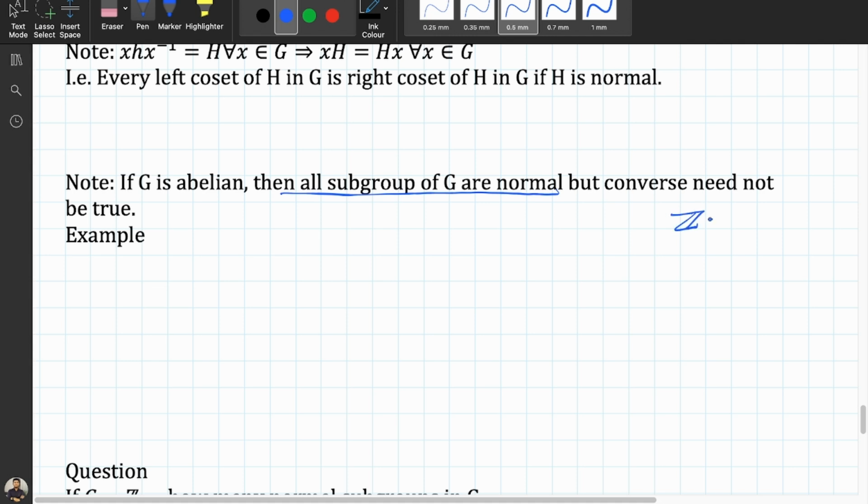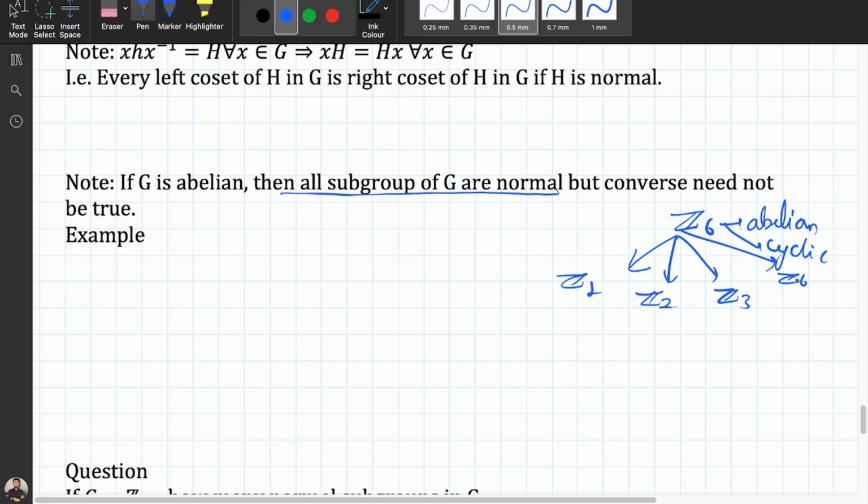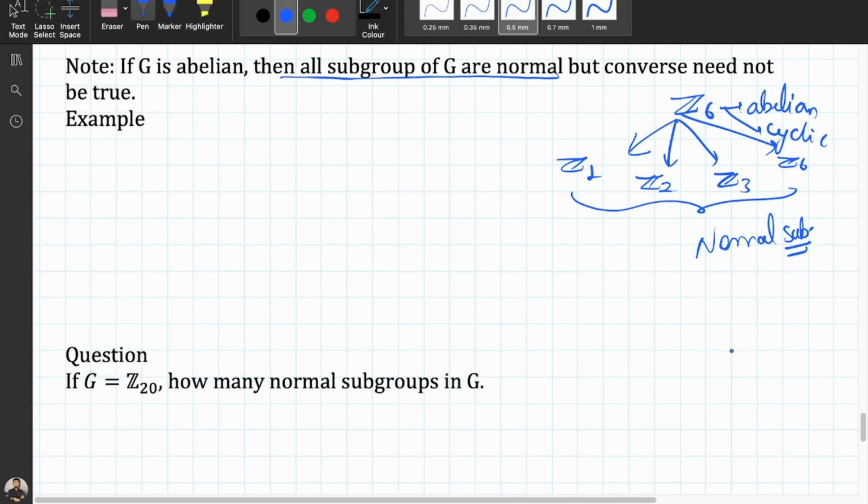Let's say Z6: it is abelian as well as cyclic. What are the subgroups of this? Z1, Z2, Z3, and Z6. All are normal subgroups.